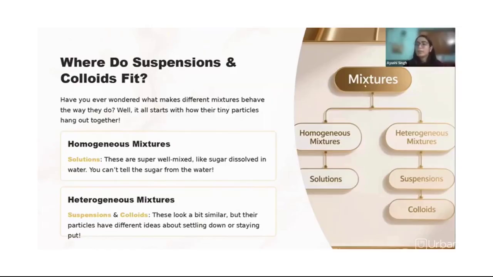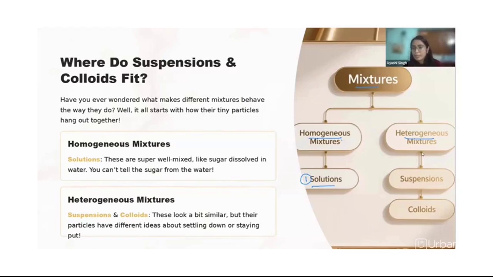Again, mixtures are basically of two types, homogeneous and heterogeneous. A homogeneous mixture has a uniform composition, that we have been talking about for a very long time. An example would be solution. Under solution, you can see several other examples in your day-to-day life. Now coming to the heterogeneous mixture.